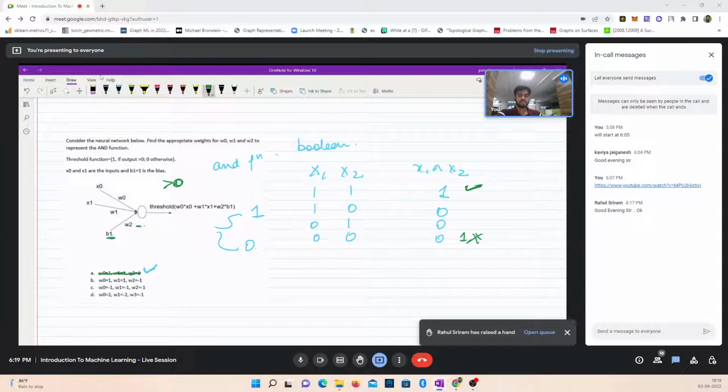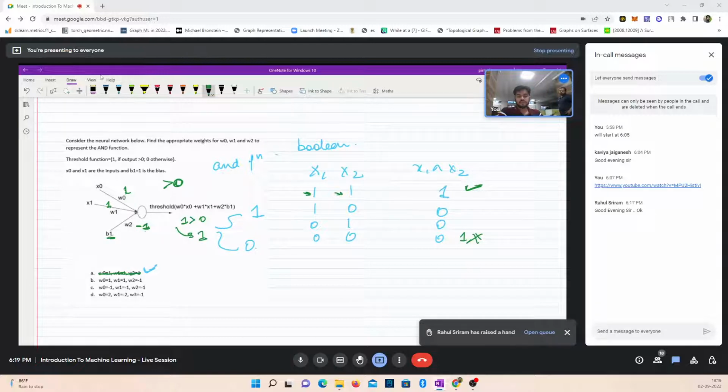If we assign it as something negative, and then we take both the quantities as 1, what do we get? If we pass 1, 1 to it, it would be 1 plus 1, 2, minus 1, 1. So it is thresholded, so it will give us output 1.